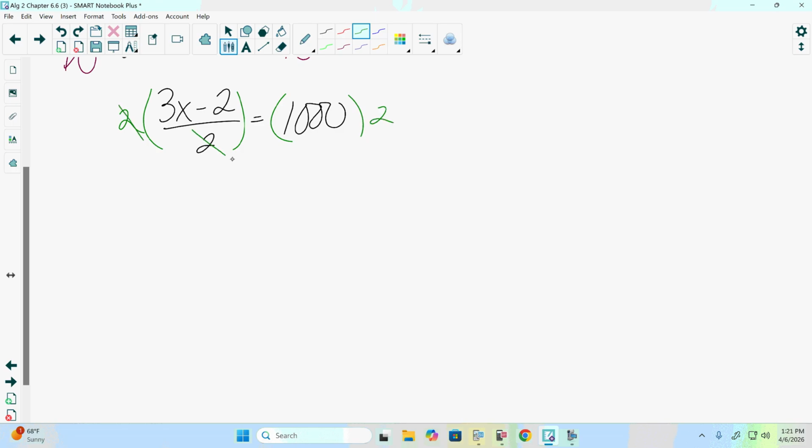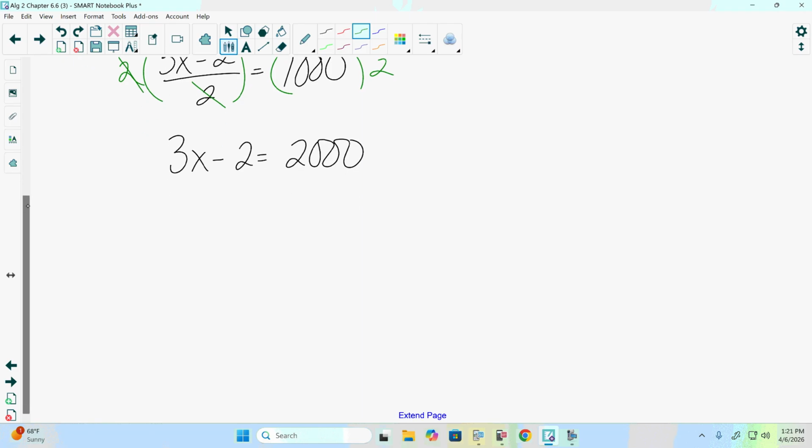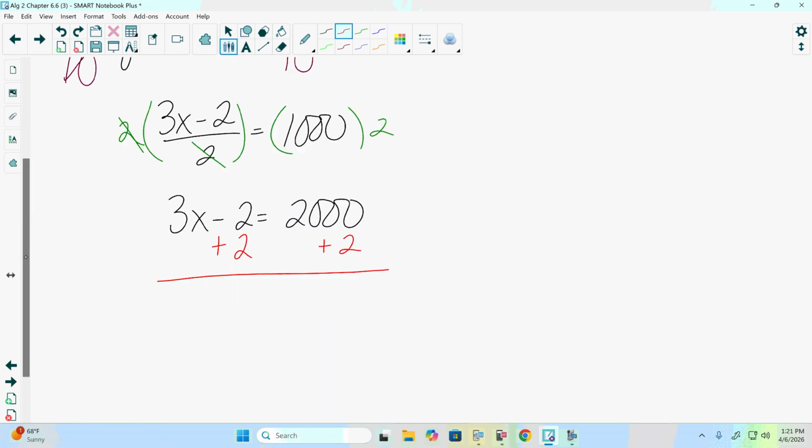First thing I do is multiply by 2 to get rid of that division. That tells me that 3x minus 2 is equal to 2,000. Then we would add 2 to both sides.